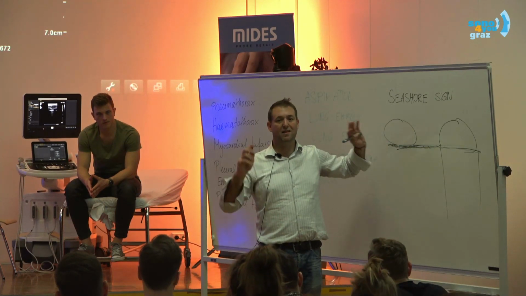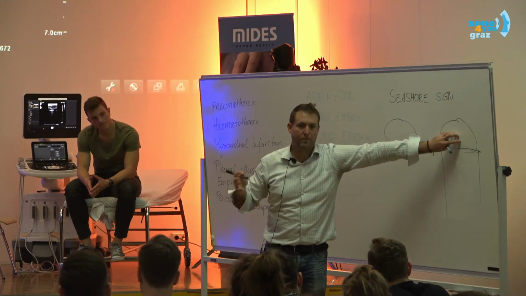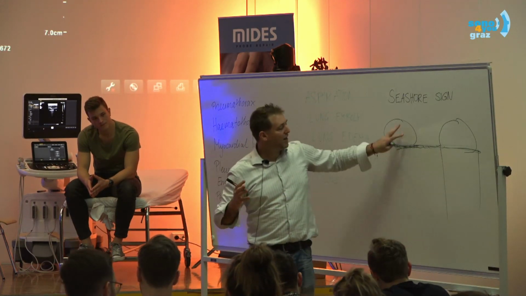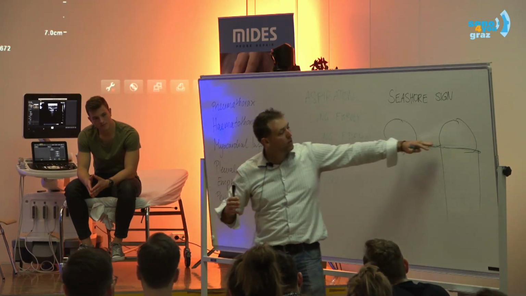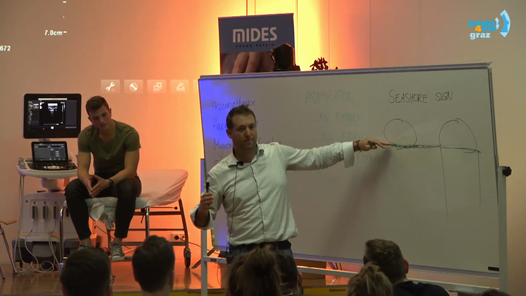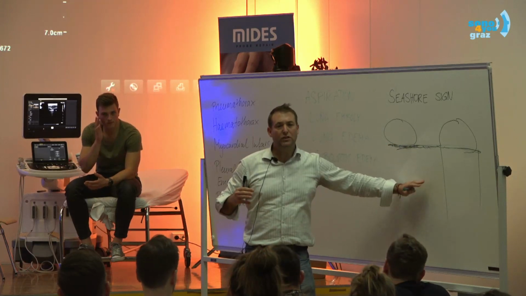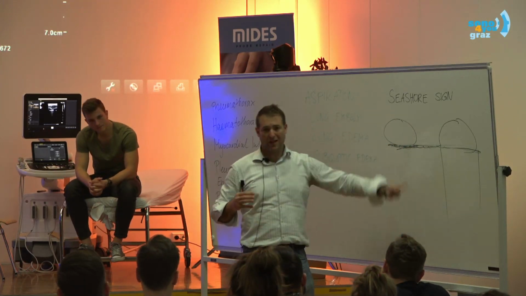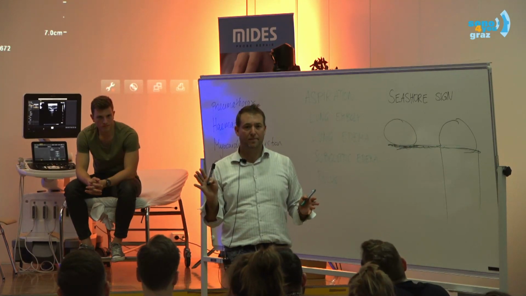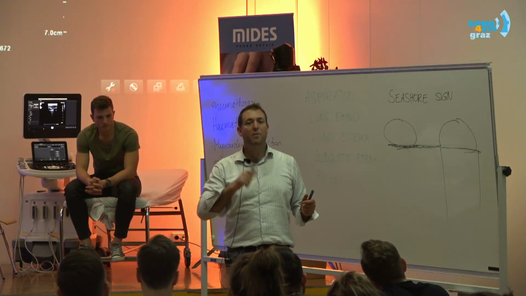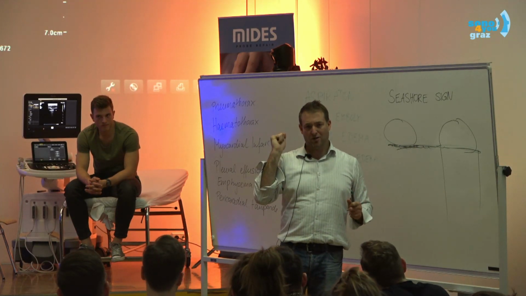So this is the landmark. Ribs, or cartilage, with their acoustic shadow, and just below is pleural line, okay? And any other horizontal echogenic line below is not pleural line. It's some sort of artifact, okay?